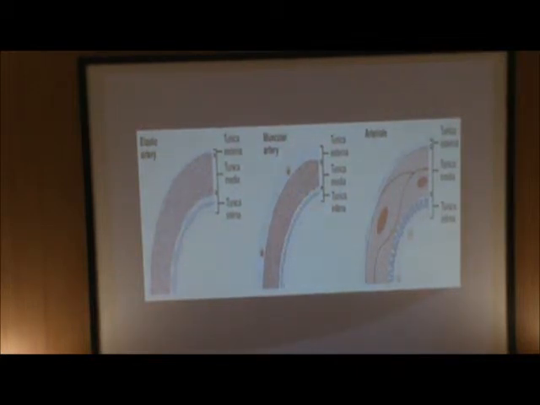Tunica media with elastic elements. Here tunica media with smooth muscle cells, a little thinner. And here we have 1 or more layers of smooth muscle cells. Adventitia, the outermost layer.